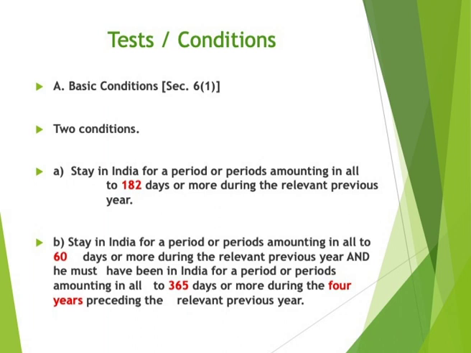If you want to claim you are a resident of India, you have to stay 182 days in India, in the previous year. Now, let us see the second basic condition. What is the second basic condition? Stay in India for a period or periods amounting in all to 60 days or more.